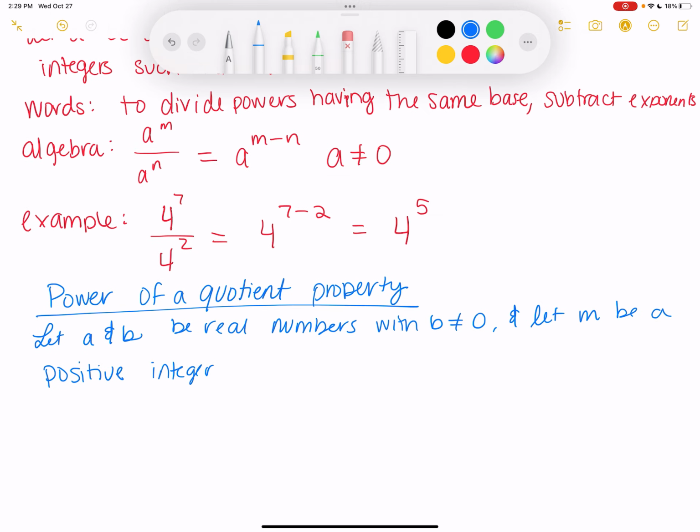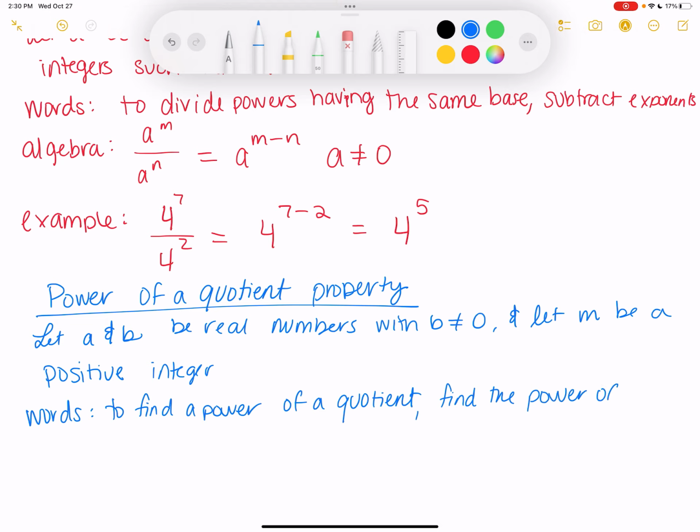So then we can say that to find a power of a quotient, find the power of the numerator and the power of the denominator, and divide.